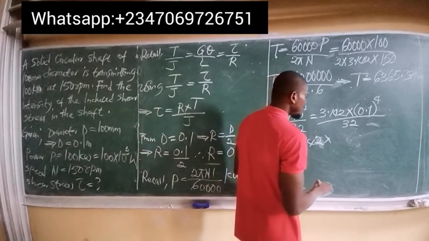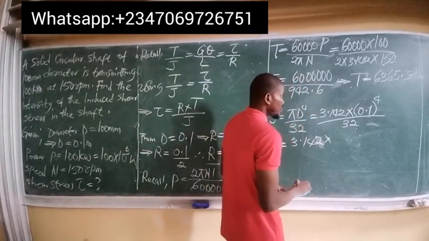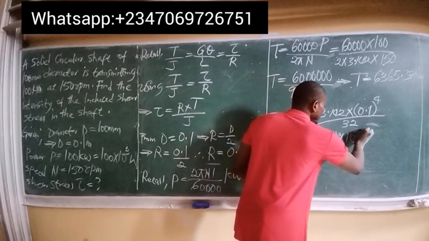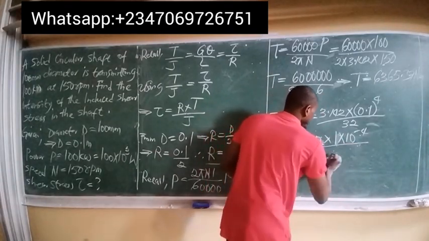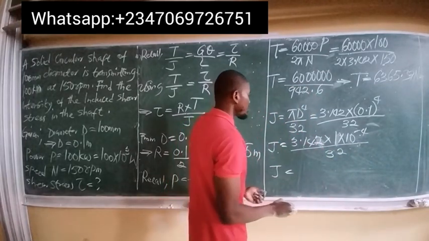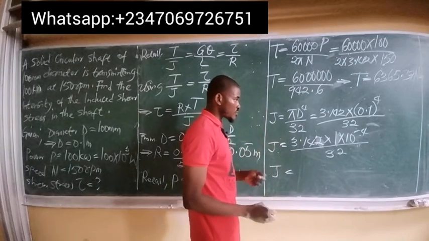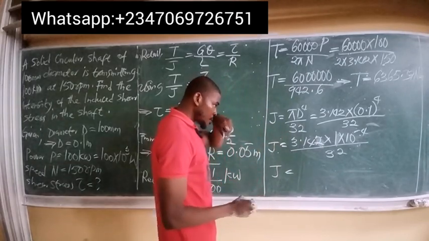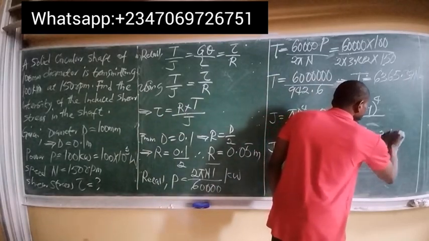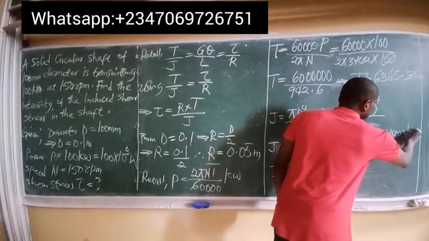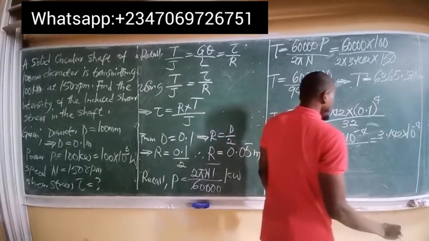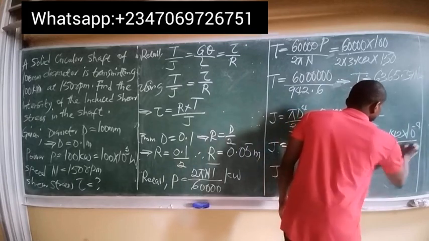0.1 to the power of 4 is 1 times 10 to the power of minus 4, all over 32. J is now equal to 3.142 multiplied by 1 by 10 to the power of minus 4, divided by 32.